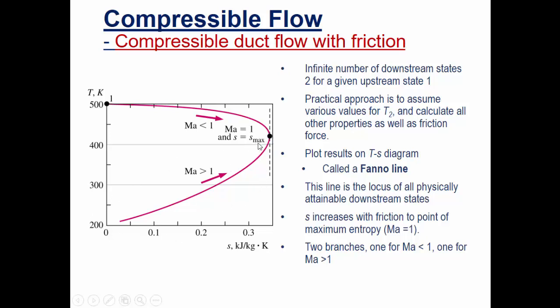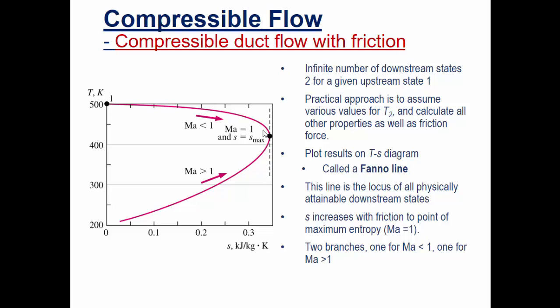Whenever the Mach number is increasing in the supersonic branch, the entropy is actually decreasing. For subsonic flow, whenever the Mach number is increasing towards Mach number equal to 1, the entropy is increasing. So it's the opposite behavior between the subsonic flow and the supersonic flow.